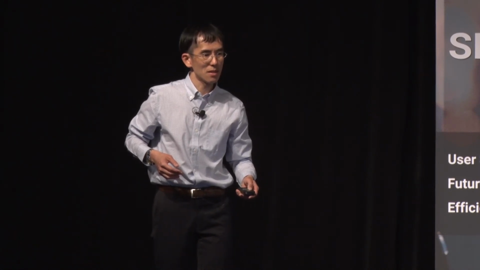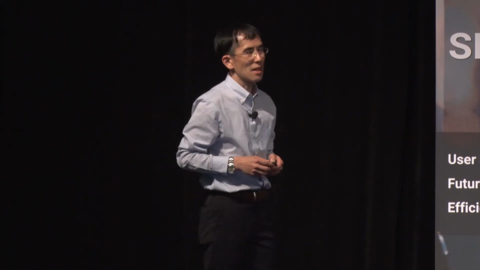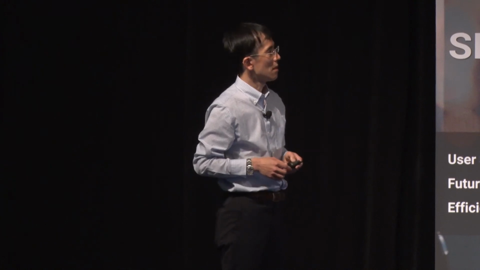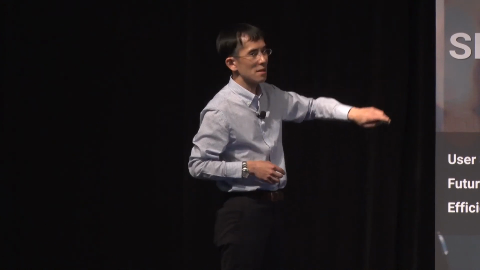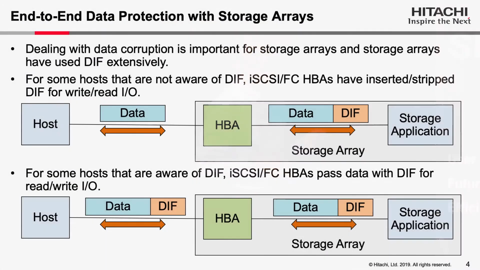Okay, so 1904 will have the NVMe-oF? Yeah. The second one is 1904, but this requires awareness of diff by the application or hosts. Right. But if you download upstream, you can use it now.